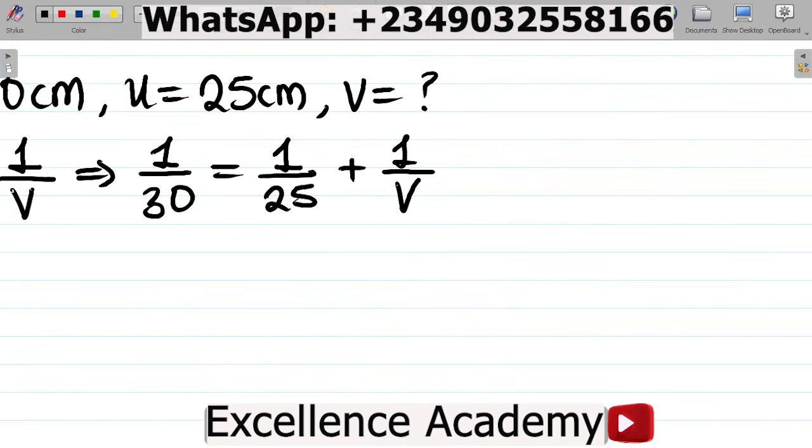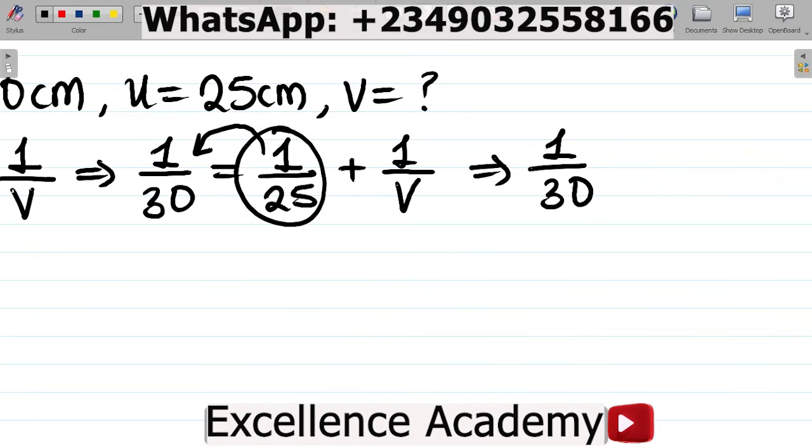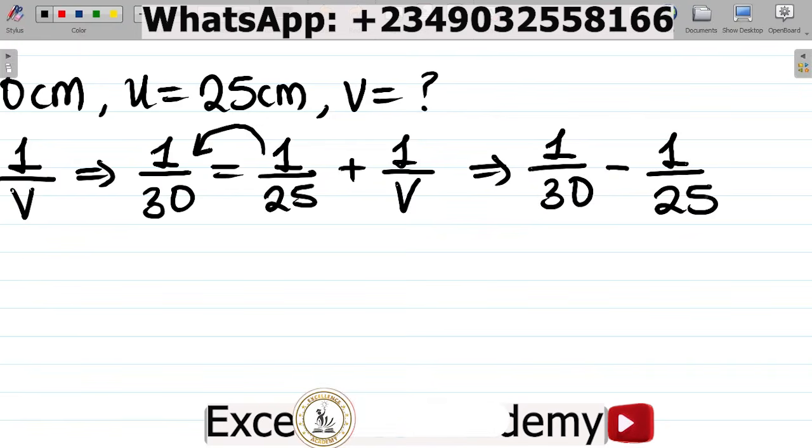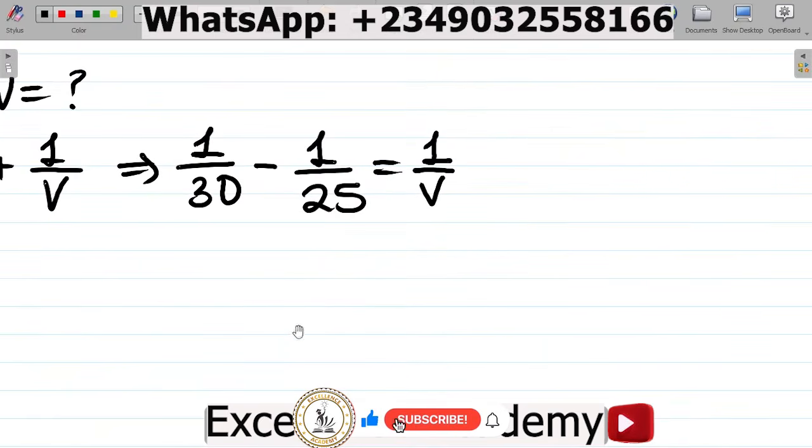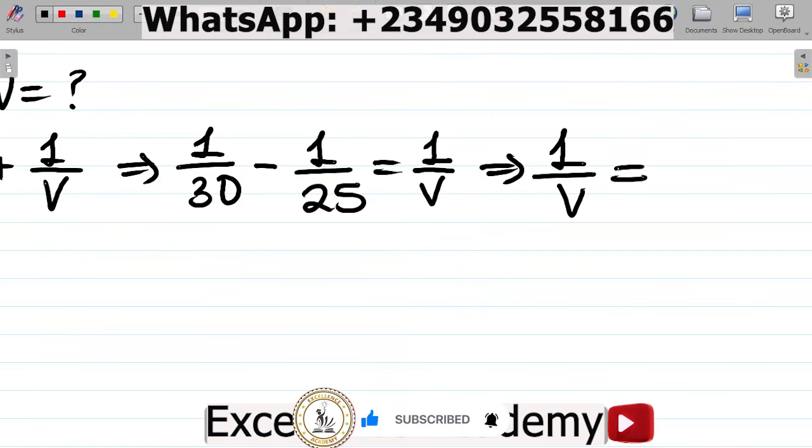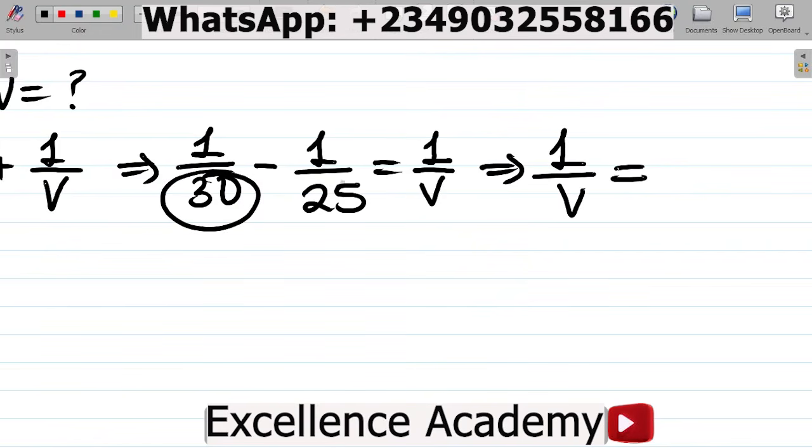Now to get the value of V, what we'll do here is very simple. I have to move 1 over 25 over here. So I'll be having 1 over 30. This is positive, crosses the equality sign, becomes negative, minus 1 over 25 is equal to 1 over V. Now from these two, let's take LCM. The LCM of 30 and 25 is simply 150.